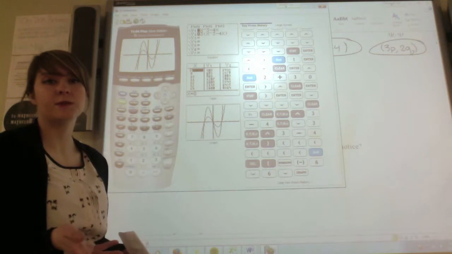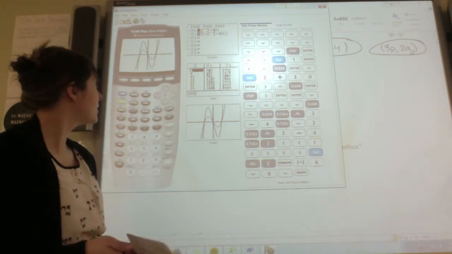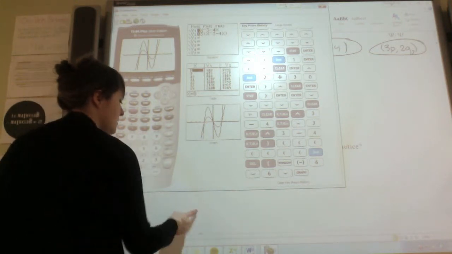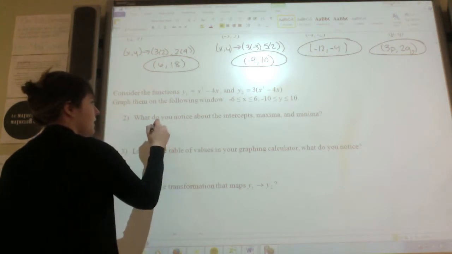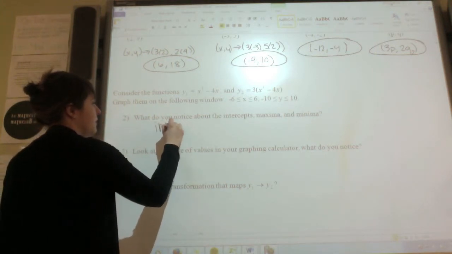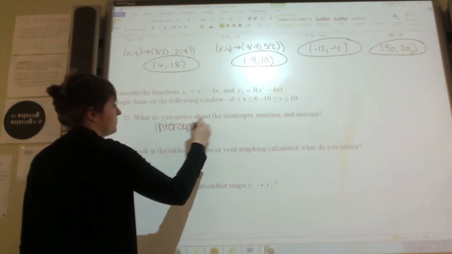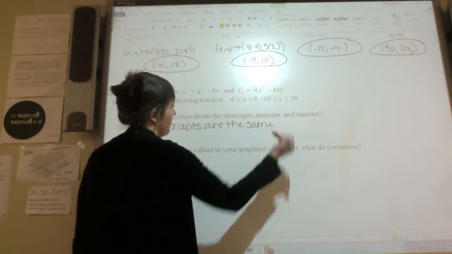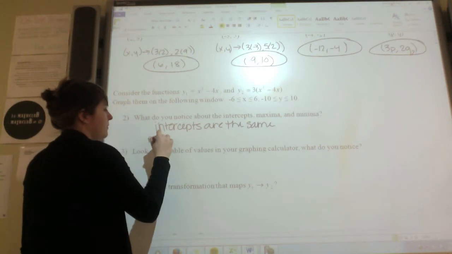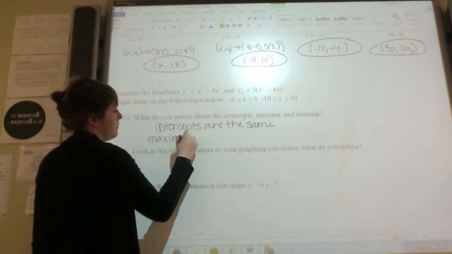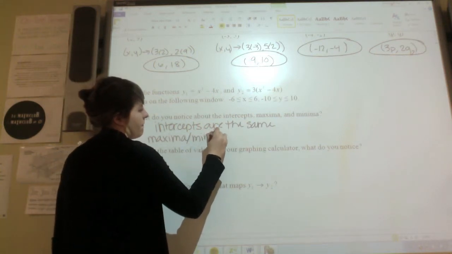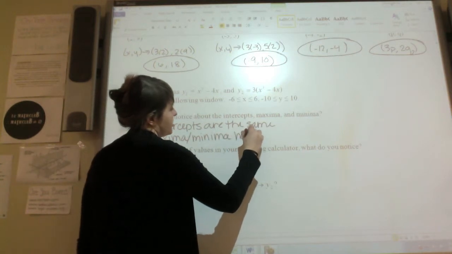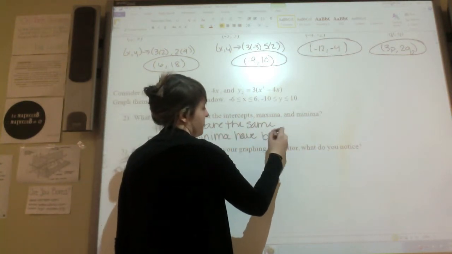The intercepts are overlapping, but the maxima and minima are different. So it looks like the intercepts are the same, and the maxima and minima have been changed by a scale factor of 3.